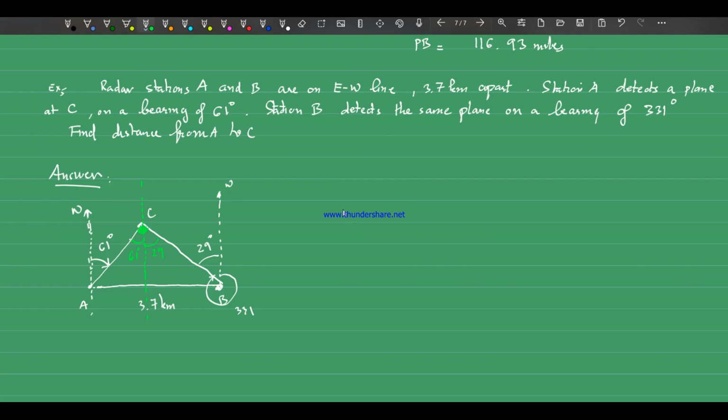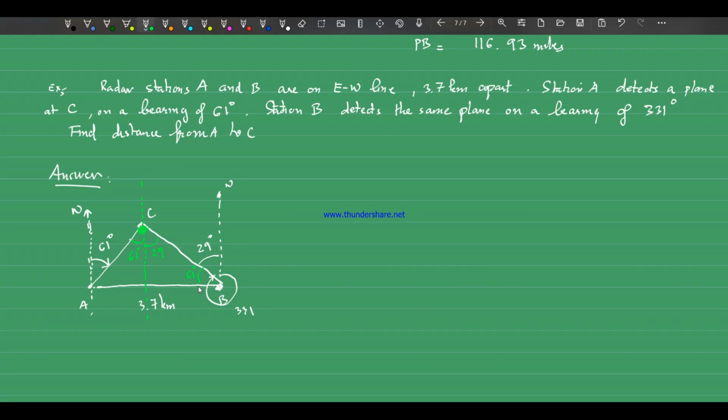What we need to find is between A and C. We get the angle here because it's 90 minus 29, which is 61 degrees.